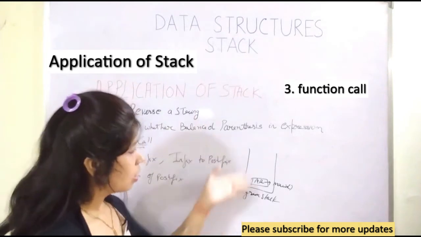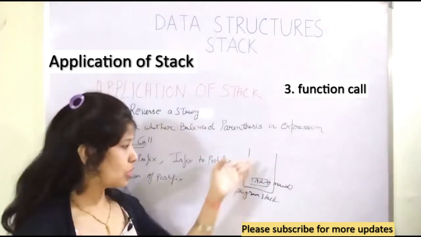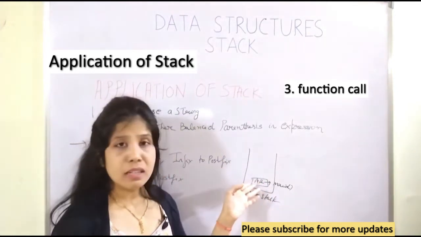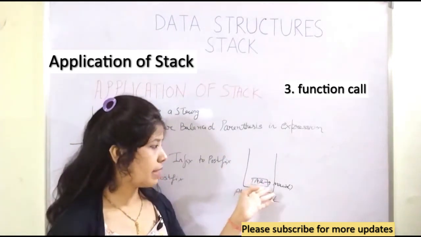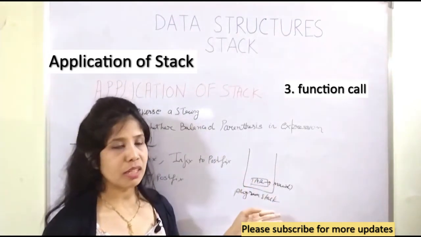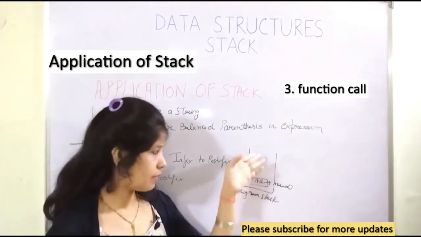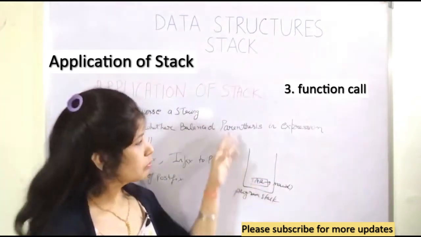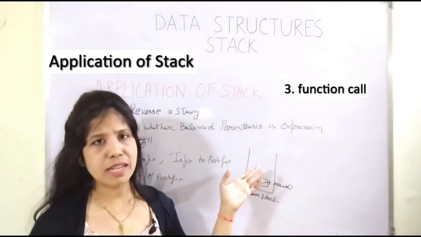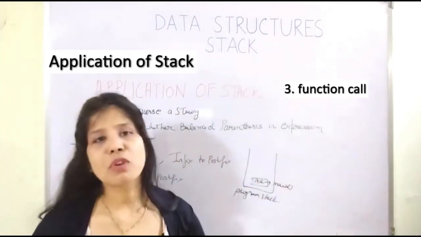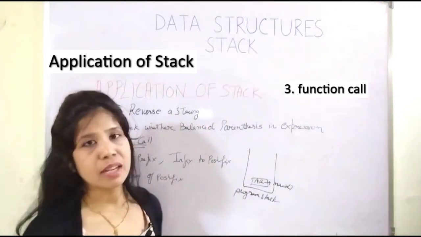For the program execution, this program stack will be created, and for each function call, there will be an activation record. That is the information related to that function call, stored in the structure, which will be pushed onto the stack one by one. And when that function is completed with its execution, it will be popped from the stack. This is how it keeps track in the stack.